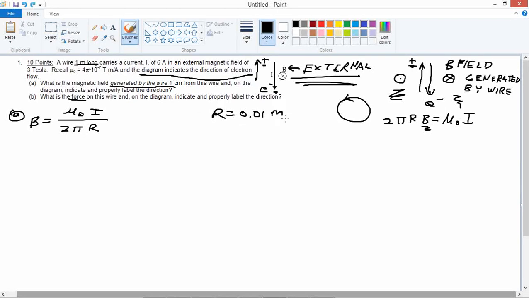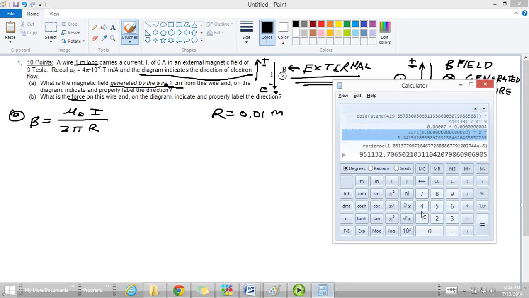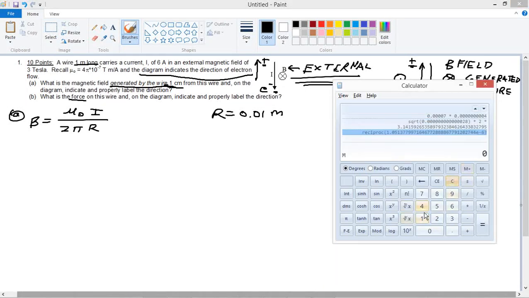Field generated at 1 centimeter. Be sure and stay in the MKS system. And now it's plug and chug. Mu0, 4 pi times 10 to the negative 7th, times the current.